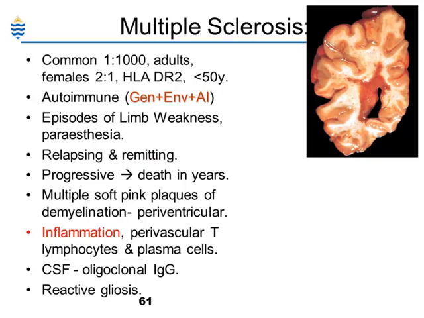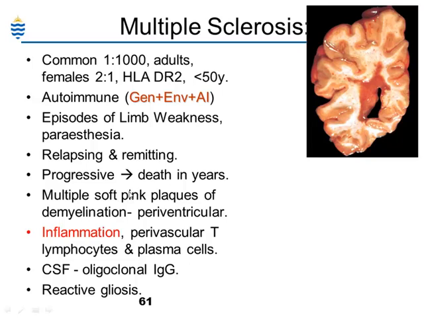Multiple sclerosis is an autoimmune disorder, young females, genetic environment plus autoantibody to the myelin. So, destruction of the myelin in the white matter, and usually the inflammation patch is next to the ventricle. So, paraventricular irregular patches of inflammation.